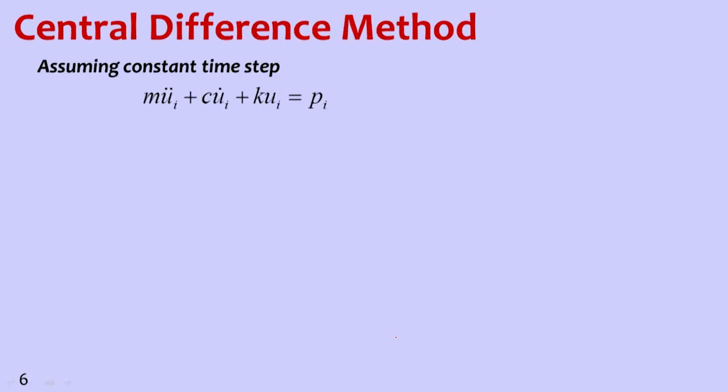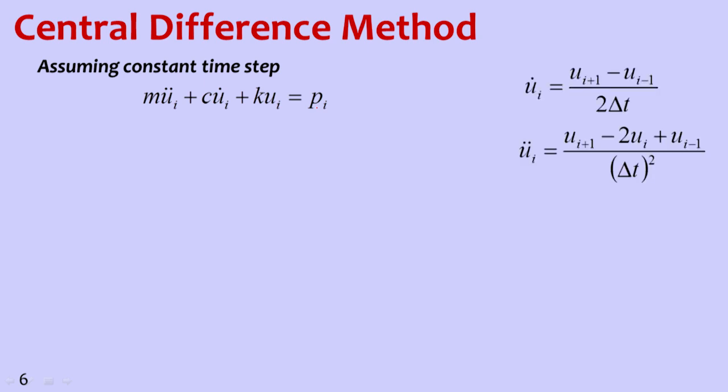So assuming a time step at any time t equal to t i at i-th time step, m u double dot i plus c u dot i plus k u i is equal to applied force at that time instant. So we already know that velocity can be represented in terms of displacement, acceleration also can be represented in terms of displacement.